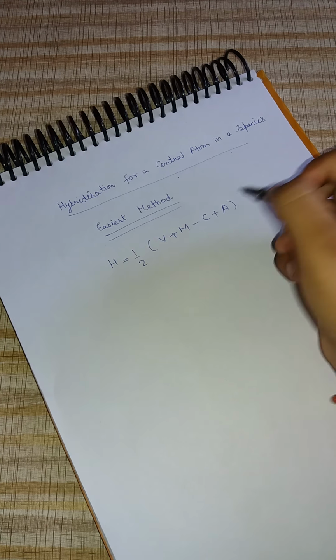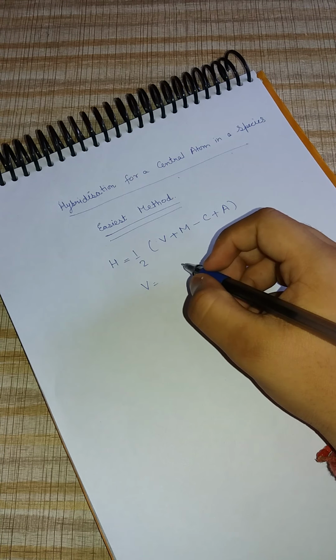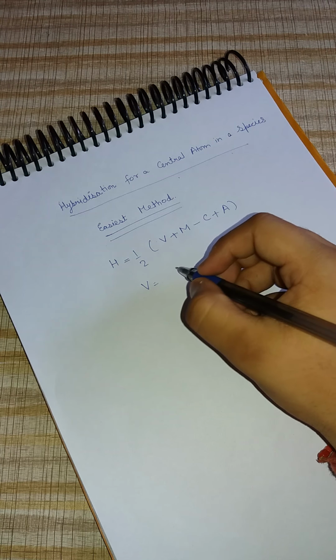I am explaining the meaning of the symbols used here. V stands for the number of valence electrons of the central atom.